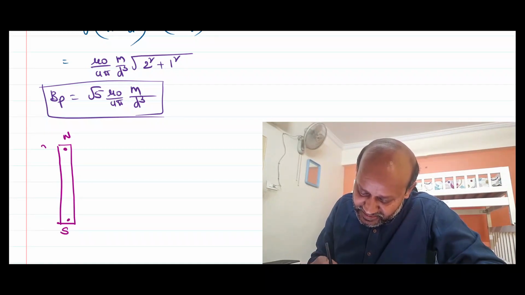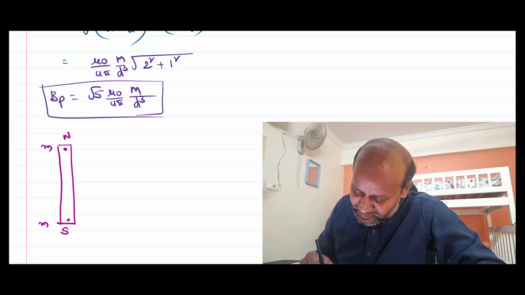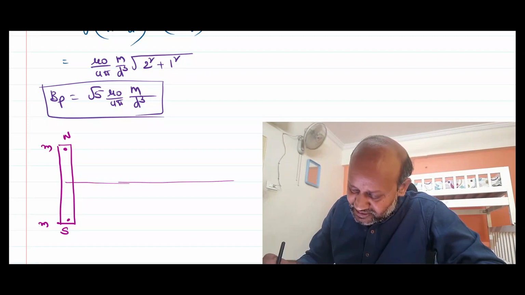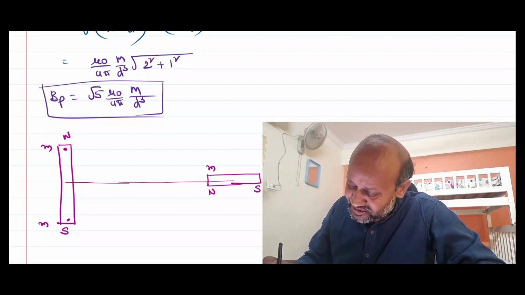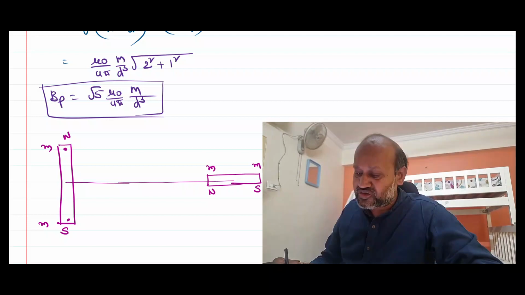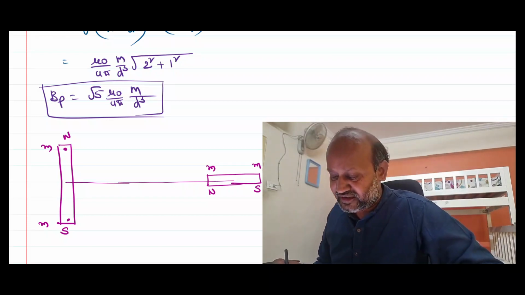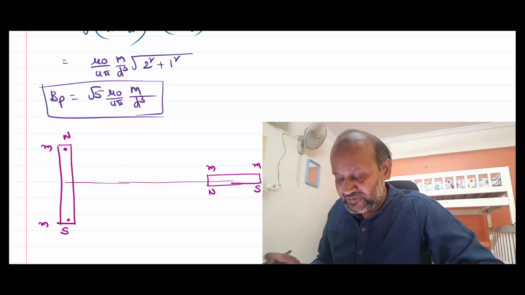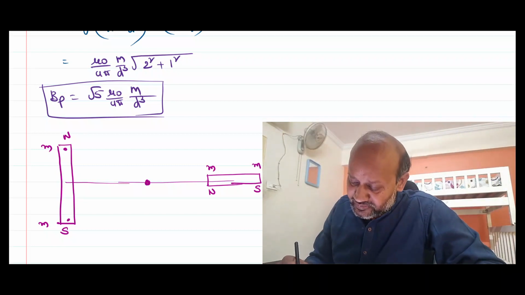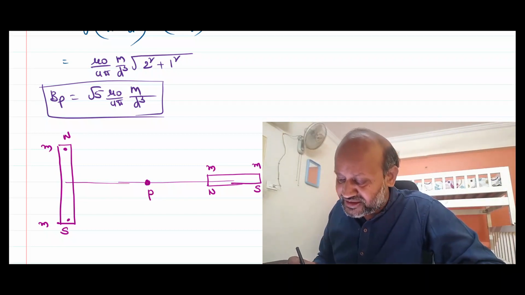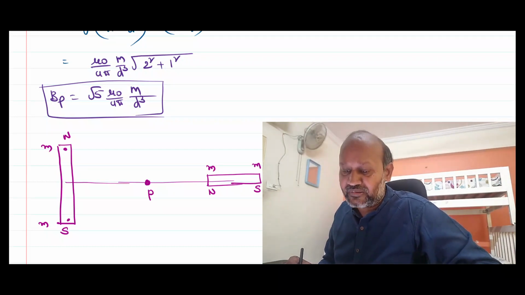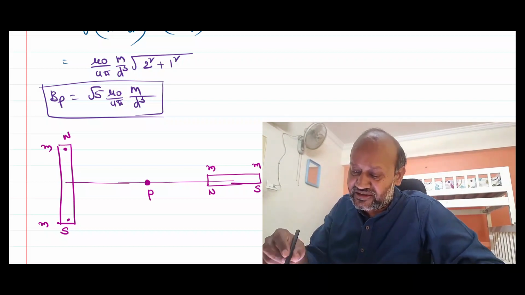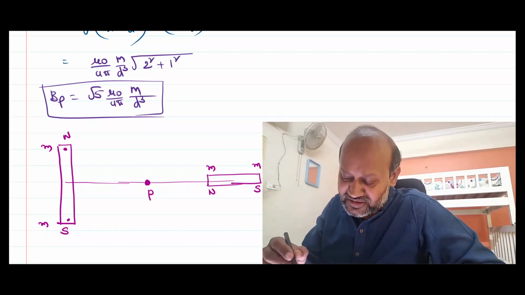Pole strength is M and M. Let us consider another bar magnet here, whose north pole is here, south pole is here, pole strength is M and M. Assume these two bar magnets, even in the previous case, are also short. Now I want to find out the magnetic induction at a point somewhere in between them. Let me show you and tell you how it is the same or how it is different. I just want you to learn and cross-check this.